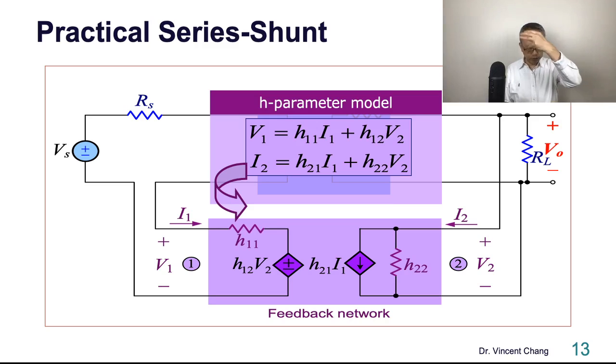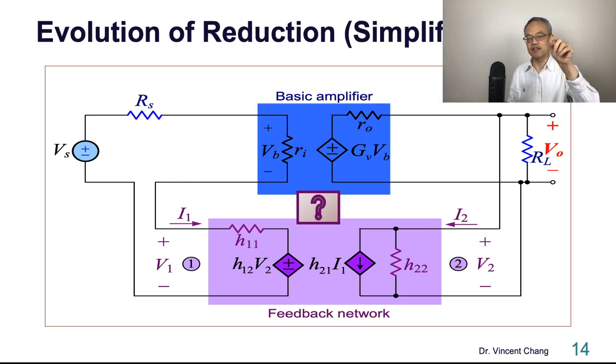Again, it's the input resistance, reverse voltage gain, forward current gain, and the output conductance. If I'm going too fast, if you want to pause, just take a note. All right, and think about H11, V1 divided by I1, the input voltage divided by I1. Oh, okay, Vincent is right. It's the input resistance, right?